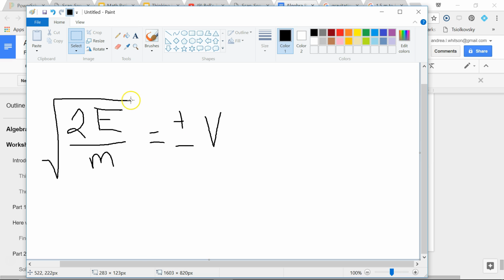All right, now forgetting the radical here for a minute, in order for v to be negative, either the energy would have to be negative or the mass would have to be negative. So to find out that v is negative, if this was a fraction without the radical, I would either have to have negative energy or negative mass.